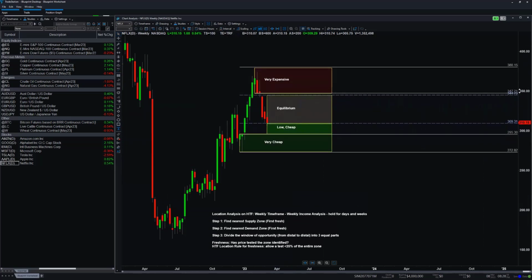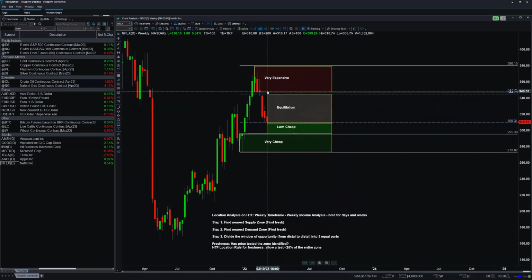And again, my expensive would be in between those two. Or high. Now, depending where price goes, I want to be a buyer or I want to be a seller.